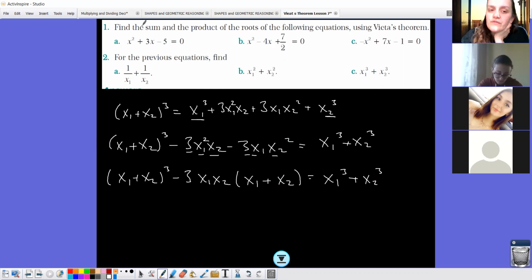So we were working for the first equation. From Vieta's theorem, x1 plus x2 is minus b over a, yes? So b is 3, a is 1, so it will be minus 3 cube, yes?